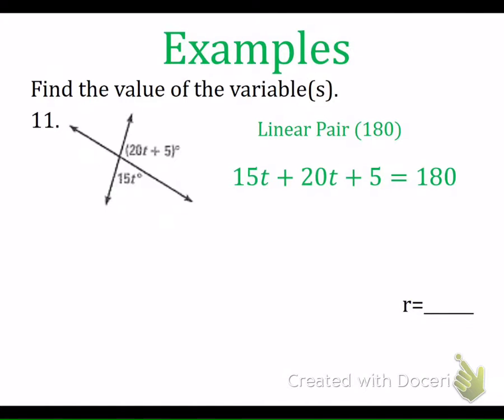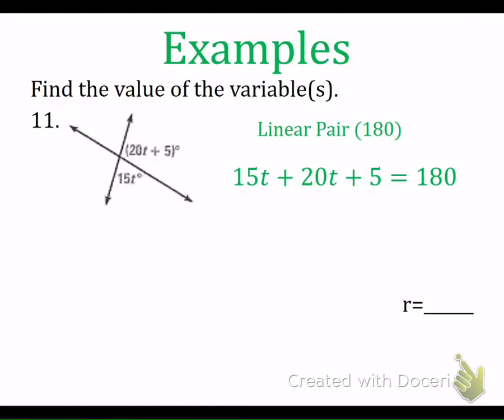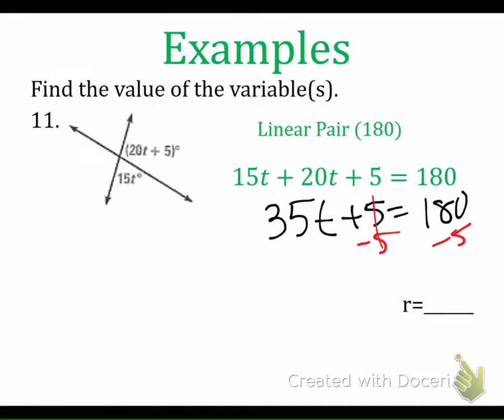So what is 15t plus 20t? 35t. Plus 5 equals 180. Then what? Subtract 5 from both sides.